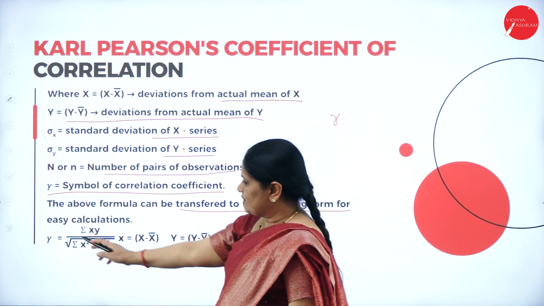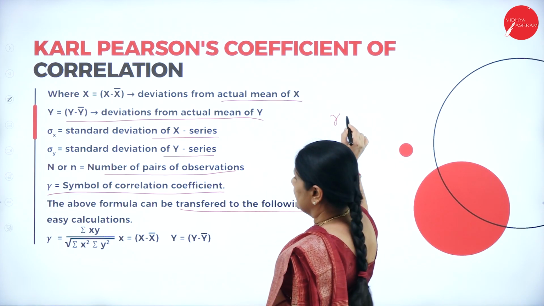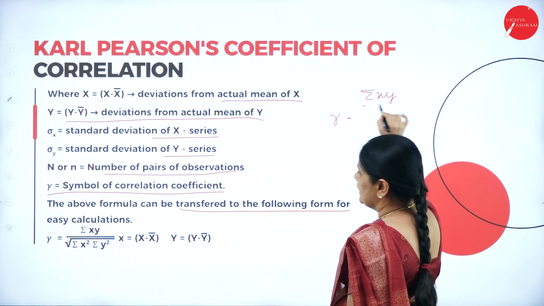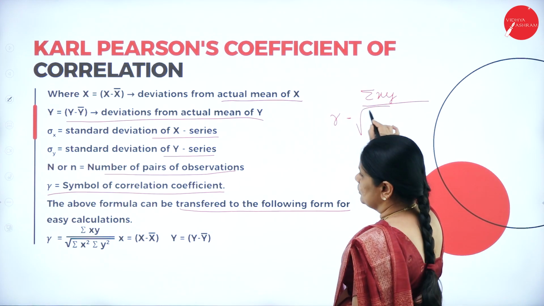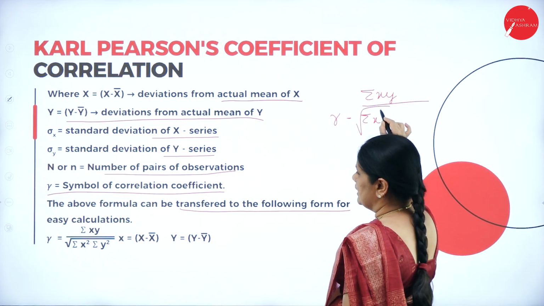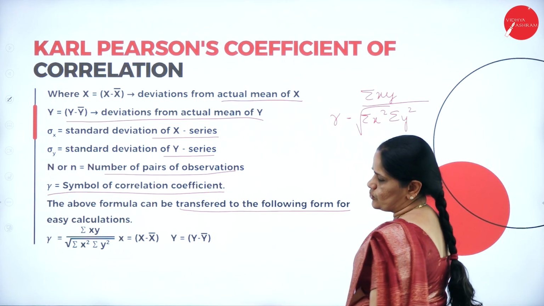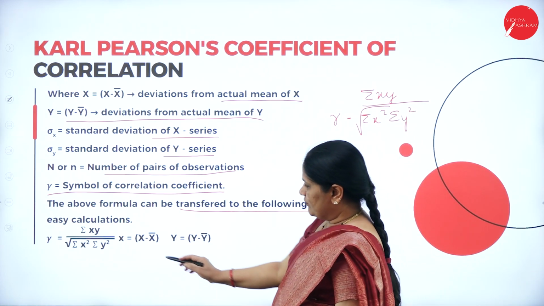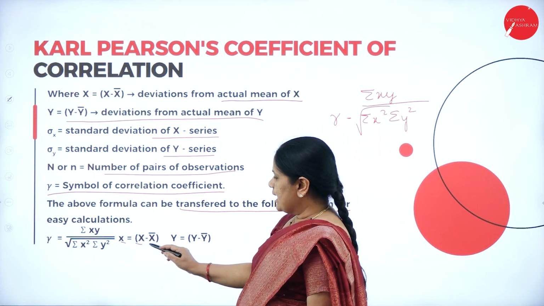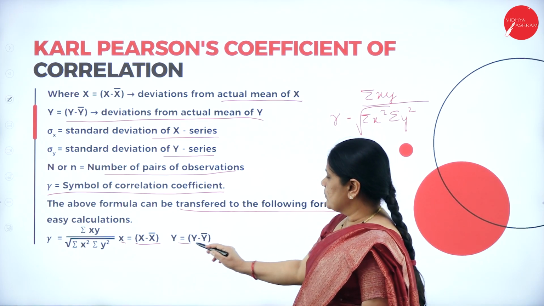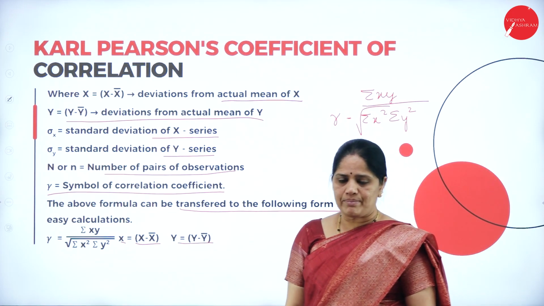So, we have the correlation symbol here. This is equal to sigma xy divided by root of sigma x square into sigma y square, where x equals x minus x bar and y equals y minus y bar.